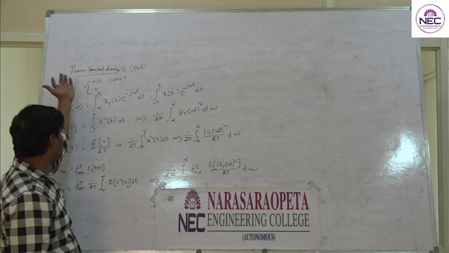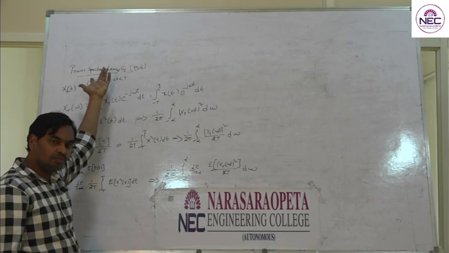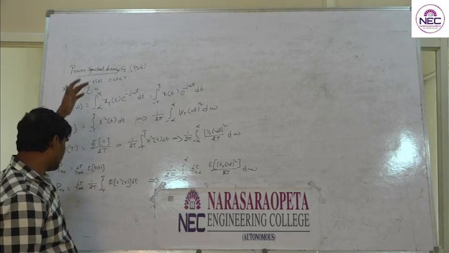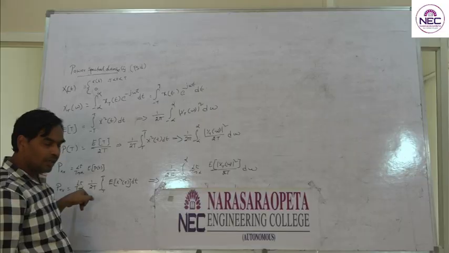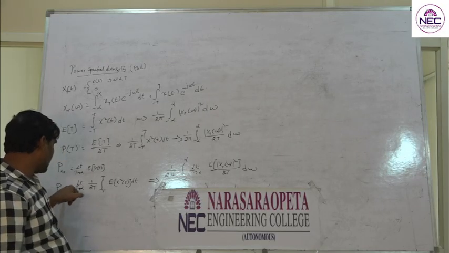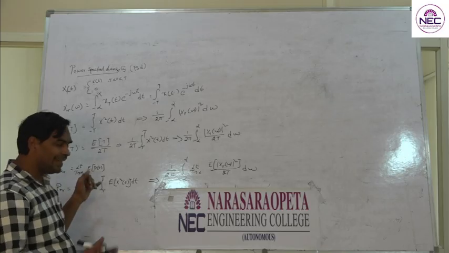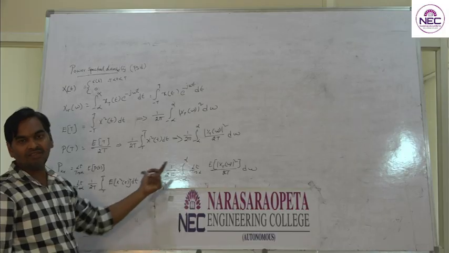For power spectral density, here the power specifies the average power of a random variable. So the average power of a random variable can be represented as Pxx, and this can be represented in two domains, in the time domain as well as the frequency domain.